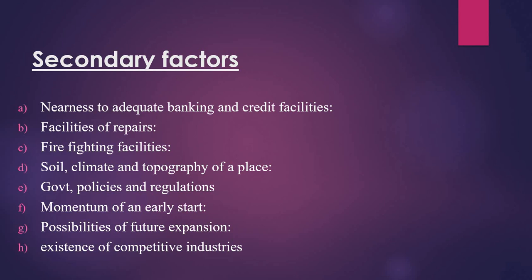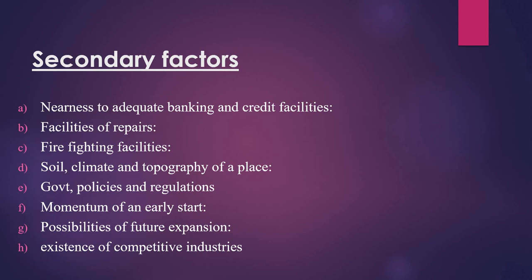Next is government policies and regulations. Okay, to run any business there are certain rules, regulations and policies imposed by the government, which should be followed by every industry. So such government policies and regulations will also affect the business.